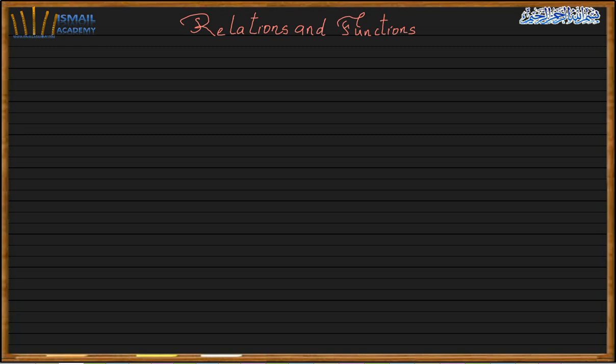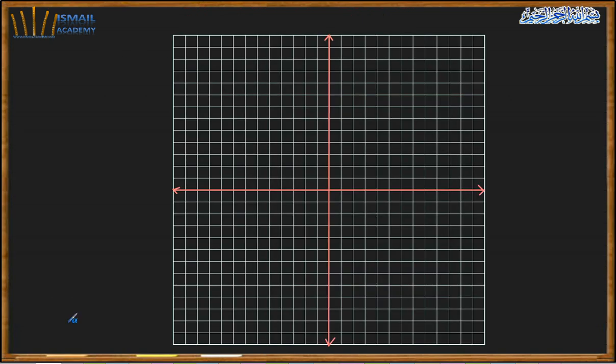Point in a coordinate plane. Example, if I have a coordinate plane and I have a point, I need to define the location of that point. So I need to use this coordinate.